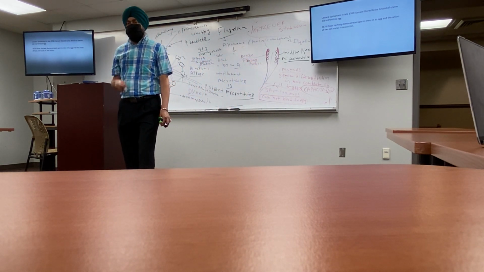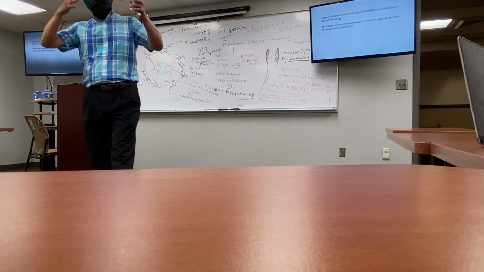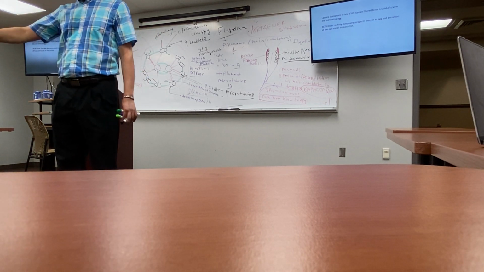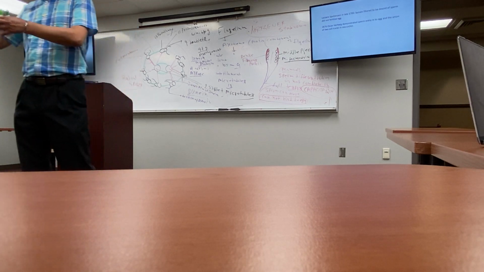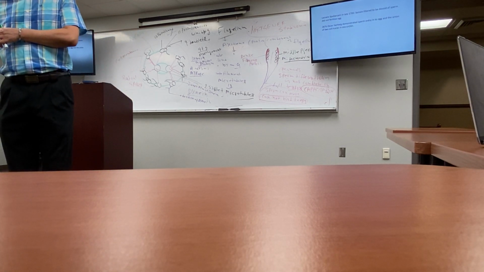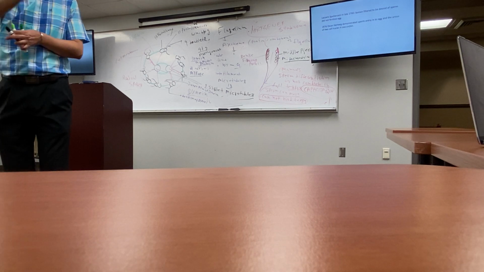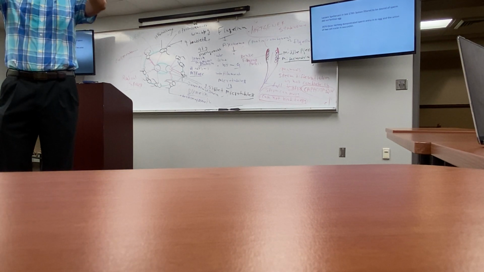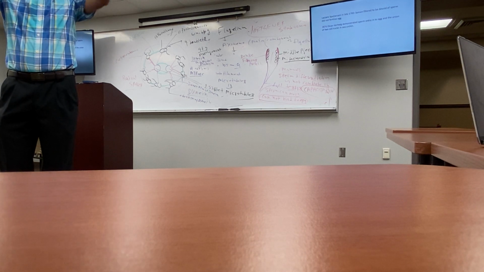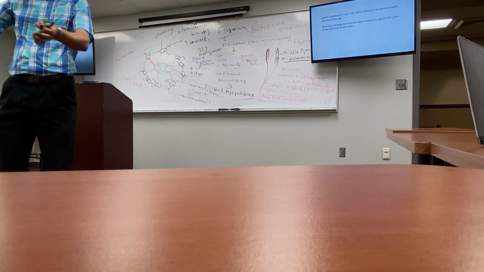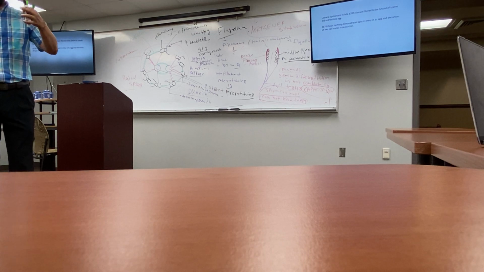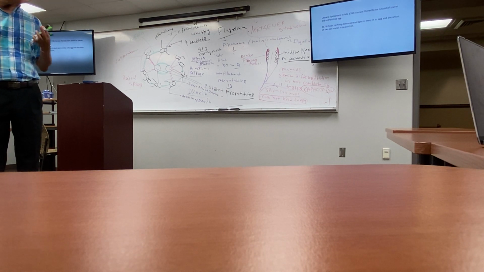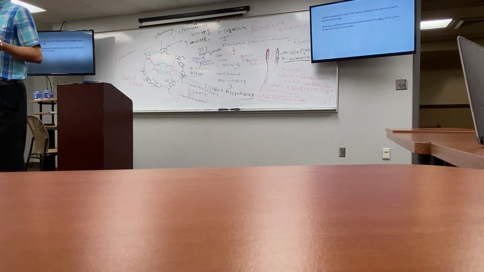Capacitation is the process in which sperm is made ready so that it can bind to the egg. So sperm is not fully differentiated. It can go to the female reproductive tract, but it cannot bind to the egg. That capability to bind to the egg is achieved in the female reproductive tract, and the process by which that capability is achieved is called capacitation.